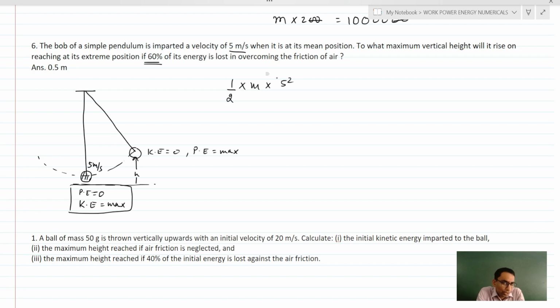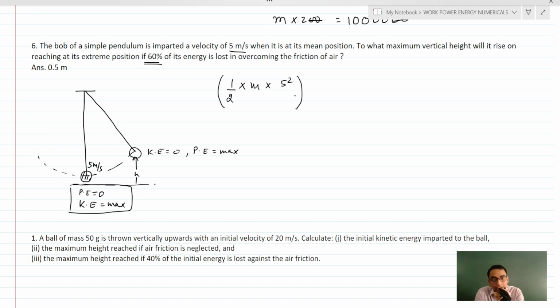I have seen many students struggling that, sir, we are not given the mass. Please understand, if something is not given in the question, that means it is not required, right? Now this is the maximum kinetic energy at the bottom. Now ideally that should be the maximum potential energy at the top, provided there is no air resistance.